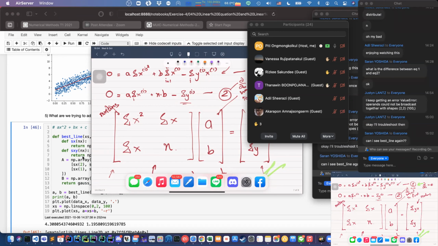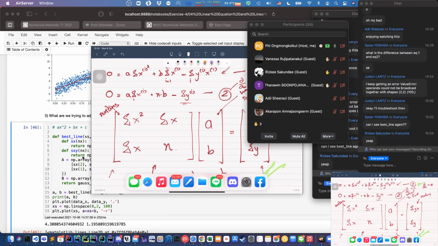So, Risky, I think at least one of the big mysteries in your life is gone, right? How does Excel get the line for you in the lab? And this is exactly how. Okay, the uncertainty is another big mystery that requires a lot more math. The uncertainty on the slope and the uncertainty on the intercept is another big mystery. I have a write-up on it, though.